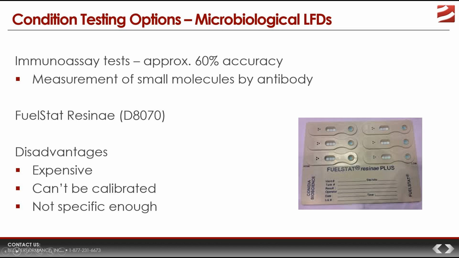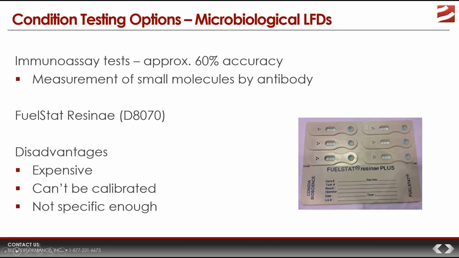The downside, though, is that it can't be calibrated, which means if you don't get a result, do you know if it's because you really don't have microbes, or is that because your test went bad? You improperly stored it or something. It does not give you a specific number of microbes.